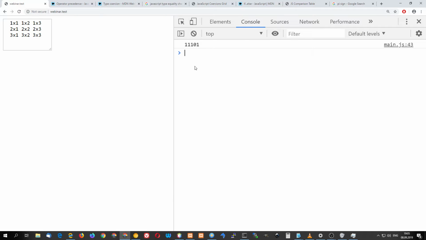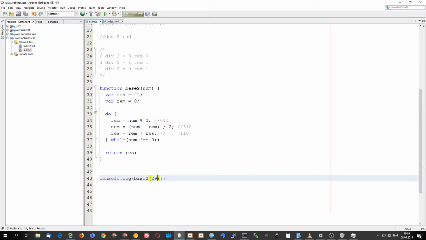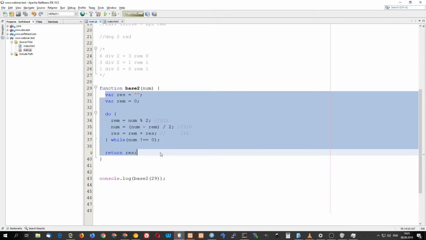And this one is 29. So instead of doing this over and over again, we can write a function, pass it a number, and we're good to go.